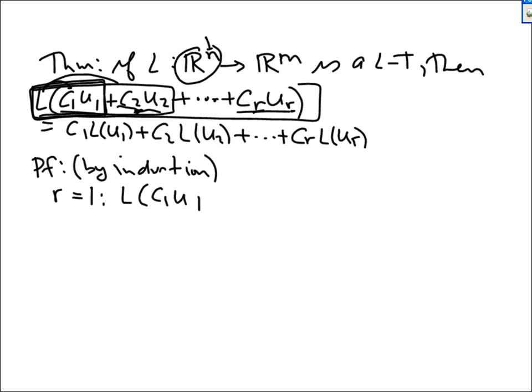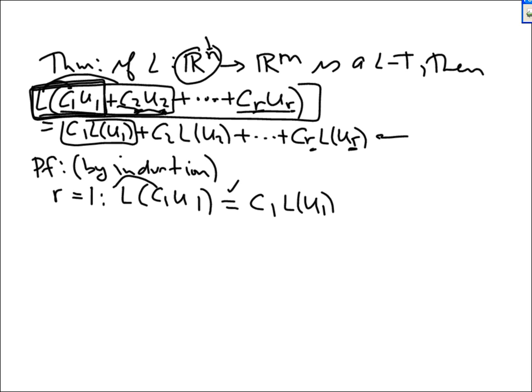Stop when the subscript hits 2. And this is supposed to equal this line over here, but I stop when R is 1. That's right there. And of course this is true. Why is this true? By definition of our linear transformation.